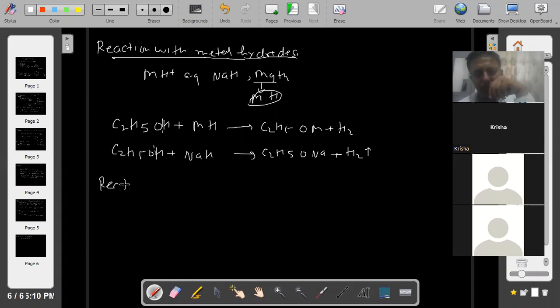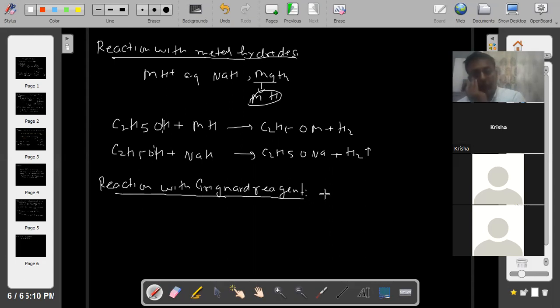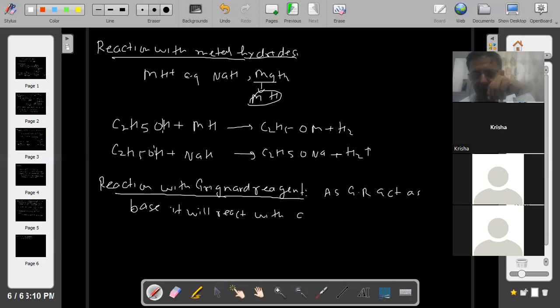As Grignard reagent acts as a base, it will react with alcohols and give alkanes.